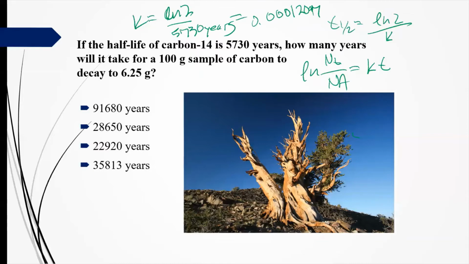And then we can use that to solve for our time. And don't forget that there should be a negative sign right here. And so we get our time as being 22,920 years. There we go.